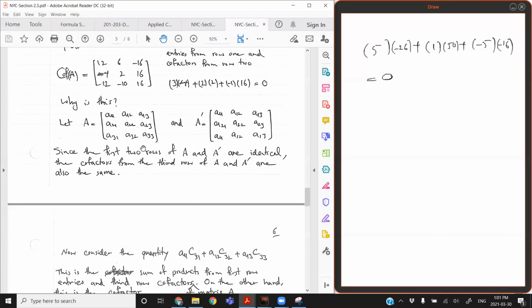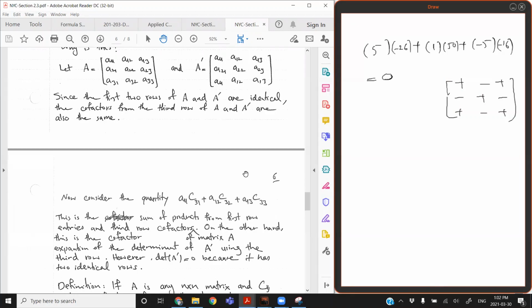And also for the positions, this is the plus position, the minus position, the plus position. If you think of those plus, minus, plus, minus, plus, minus, plus, minus, plus signs, for both matrices it's the same because both of them are 3 by 3. So cofactors are going to be the same for the third row. So since the first two rows of A and A prime are identical, the cofactors from the third row of A and A prime are also the same.